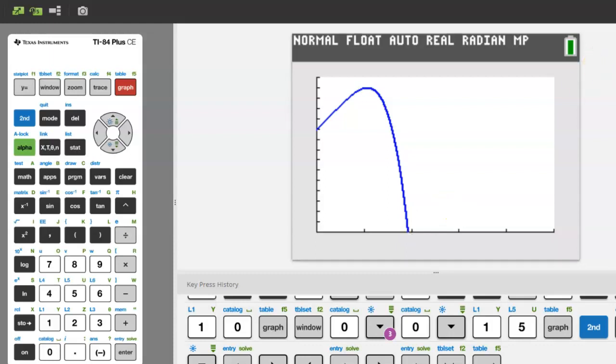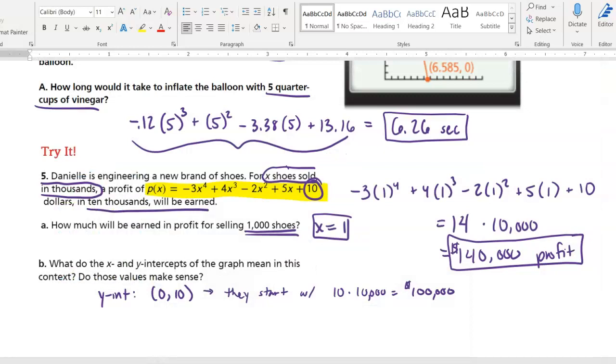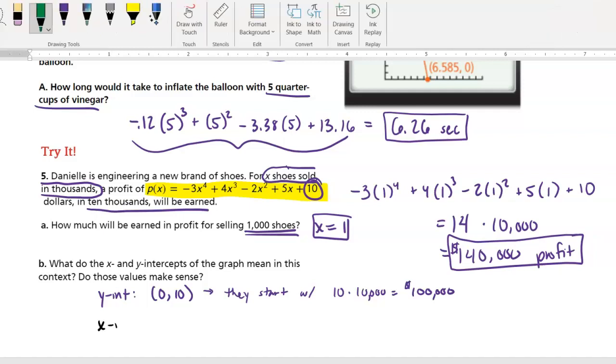So let's look back at our notes. All right, so the x-intercept, again, is going to be the coordinate 1.915, 0. Okay, and so here's what that means. The x values, remember, represent the number of shoes sold in thousands.